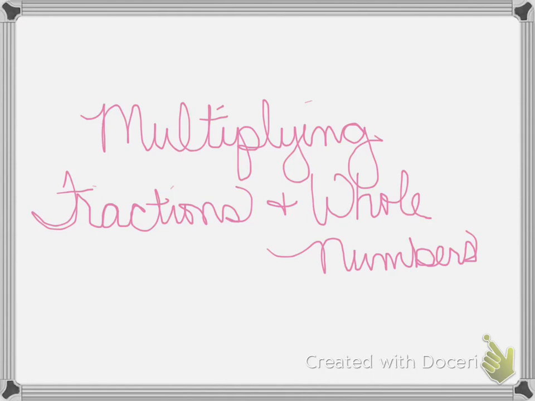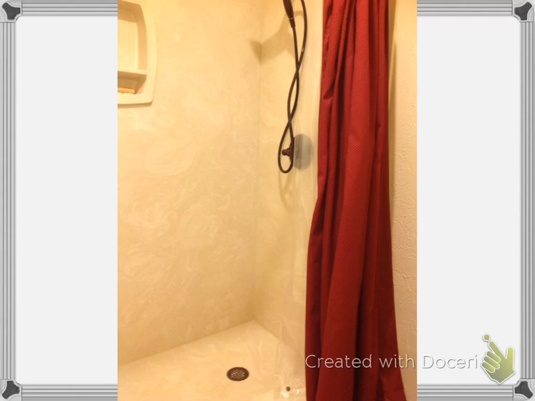Before we go on, remember I talked to you about my bathroom being torn apart and all redone? Well, it's almost done. I'm only missing a toilet, which is an important thing to have. This is what my shower looks like now. It's missing the glass.